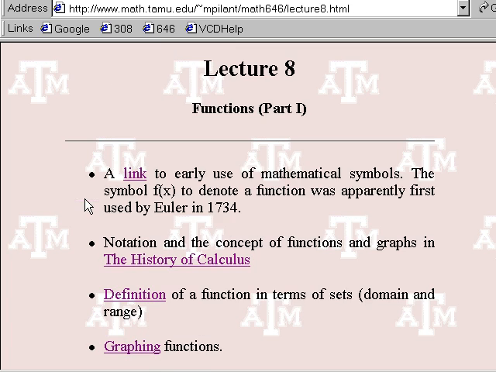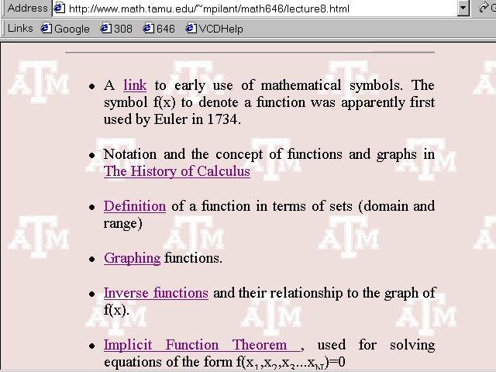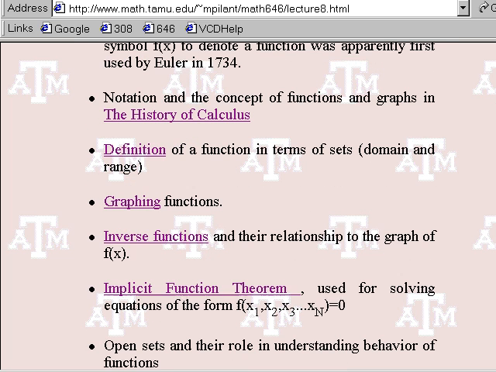Yesterday, just to recap, we talked a little bit about the notation, the growth in the early use of symbols in the mid-1700s, and the geometric and graphical understanding of functions that existed in the early days of calculus before the analytic formulations developed.